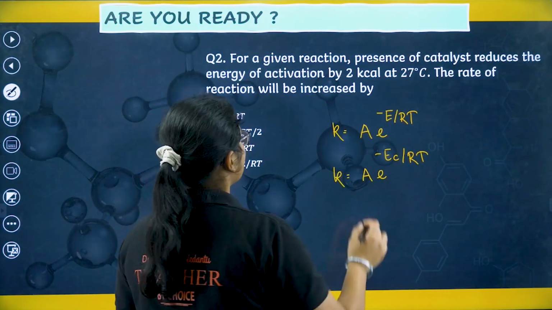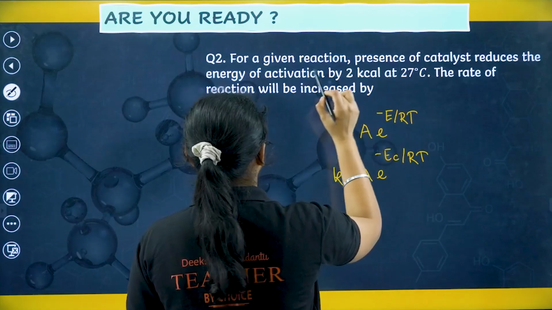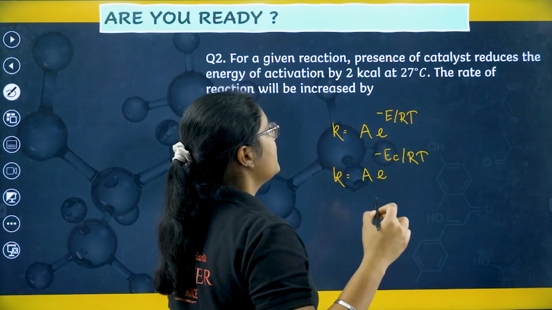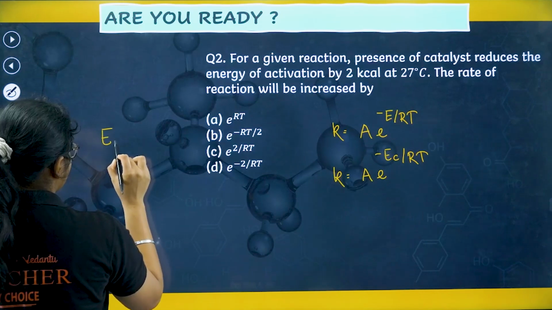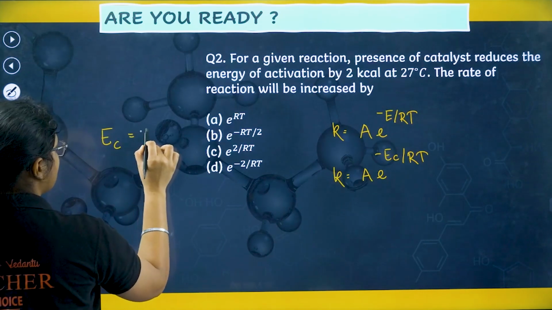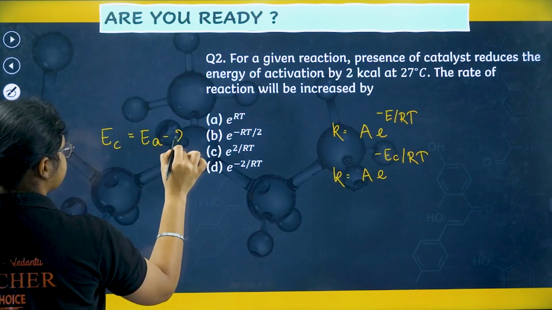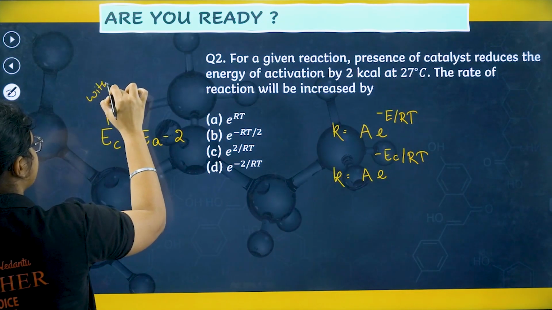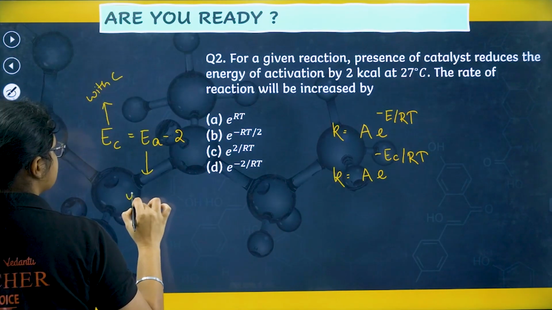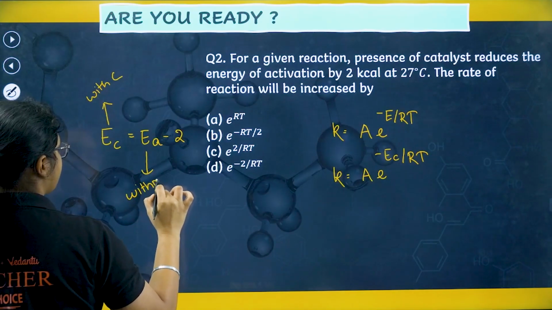So from this, the presence of the catalyst reduces the energy of activation by 2 calories. Means I can say that the energy of activation for this one is E minus 2, where EC is the activation energy with catalyst and E is the activation energy without catalyst.